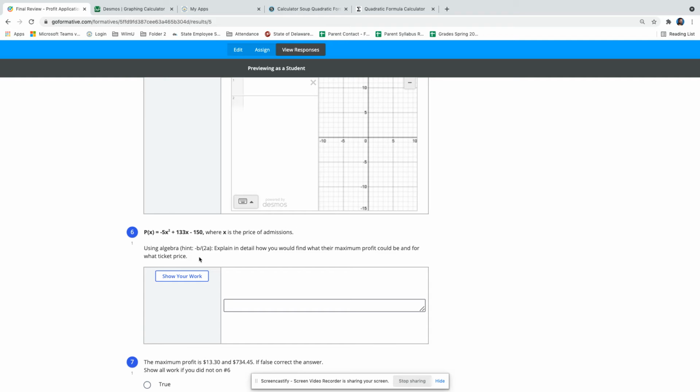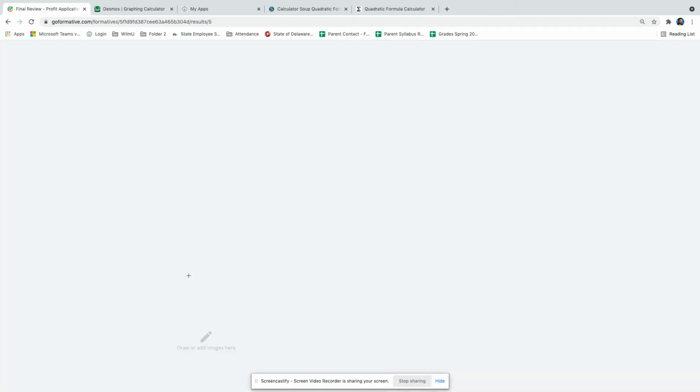And then the next question says, using algebra, how could you find the maximum profit? Well, I'll show you. So I'll just go into the show your work here. So remember we had negative 5x squared plus 133x minus 150.